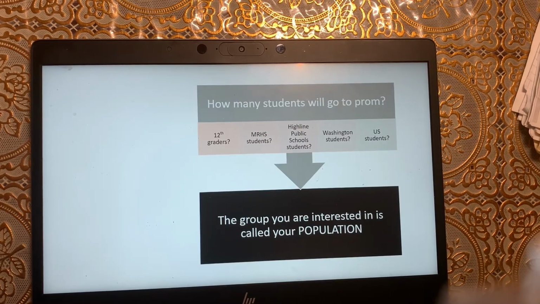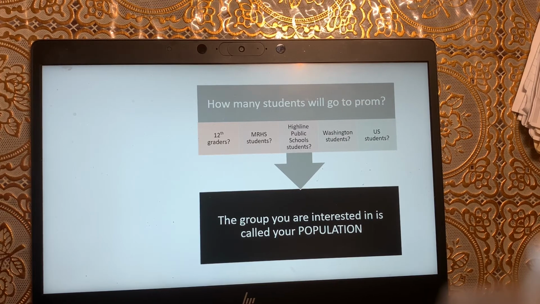How many students will go to prom? When you say, for instance, the Highline Public School students as a whole can be considered a population, then from that, 12th graders of Mount Rainier High School would be a sample. If all Washington students are considered the population, Highline Public School can be a sample for that.